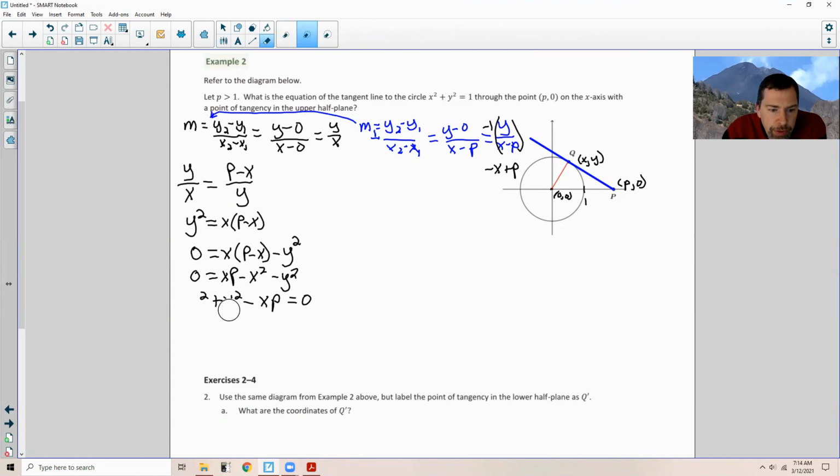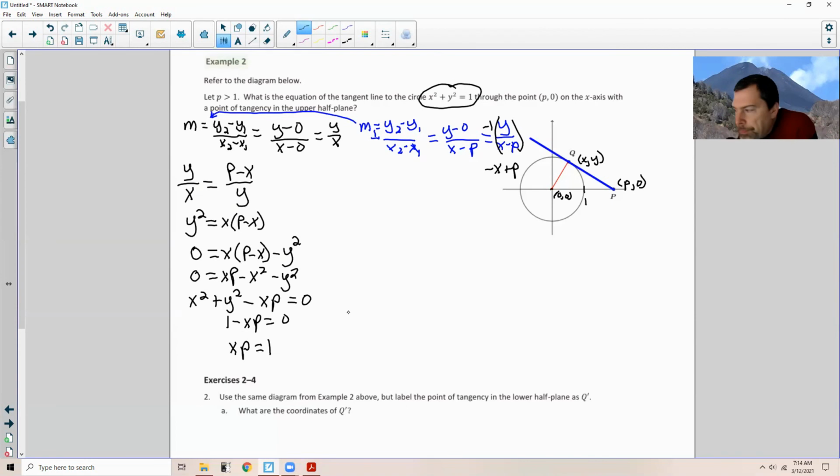Addition is commutative, so y squared plus x squared is the same as x squared plus y squared. Well, x squared plus y squared equals 1 in this case. So we get 1 minus xp equals 0. Therefore, add xp to the other side, and we get xp equals 1.